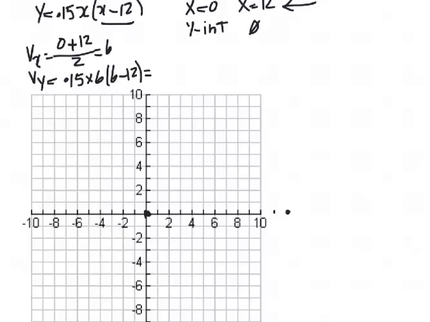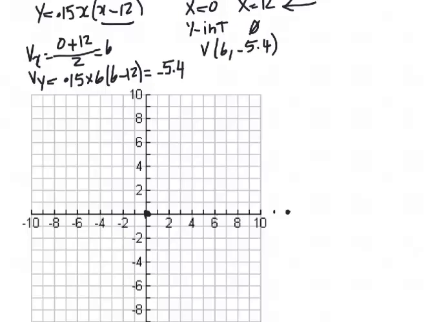If you simplify this one, you get negative 5.4. So the vertex is going to be at 6 and negative 5.4. Now I have enough information, I can go ahead and plot the points. The last point is the vertex, which is 6 and negative 5.4.